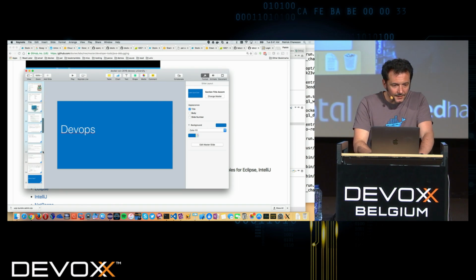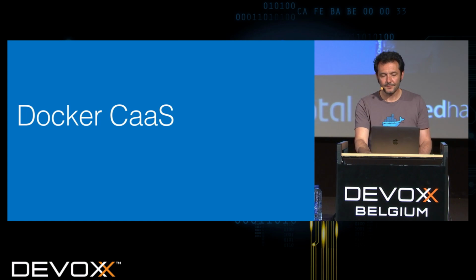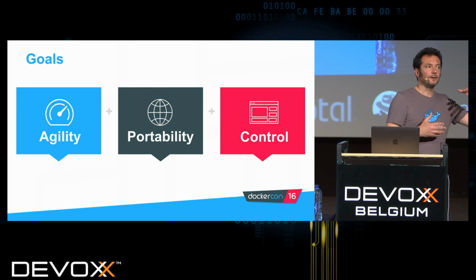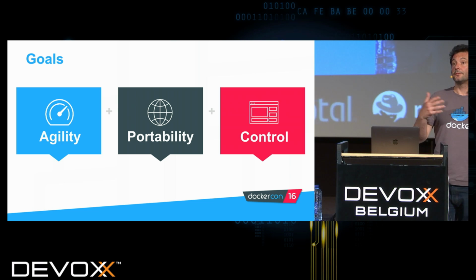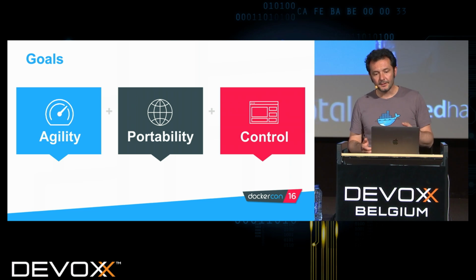So we talked about that. We talked about DevOps. Let's talk about the new stuff. Oh yeah, so let's talk about the CAS offering. At Docker, what we're trying to build in terms of commercial products on top of the Docker open source that I have shown before is what we call CAS, Container as a Service.